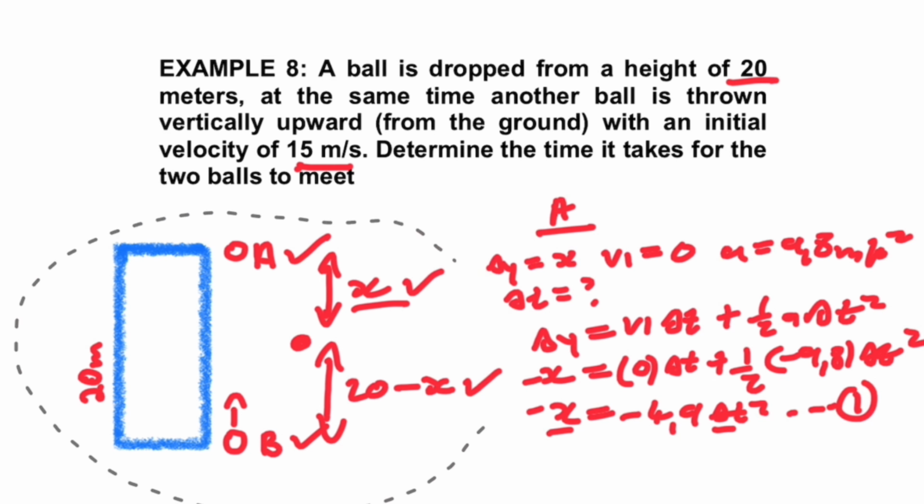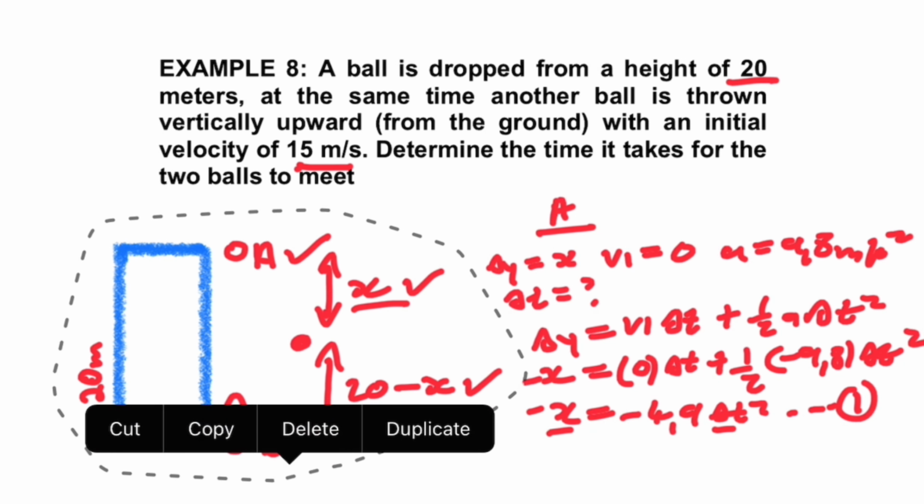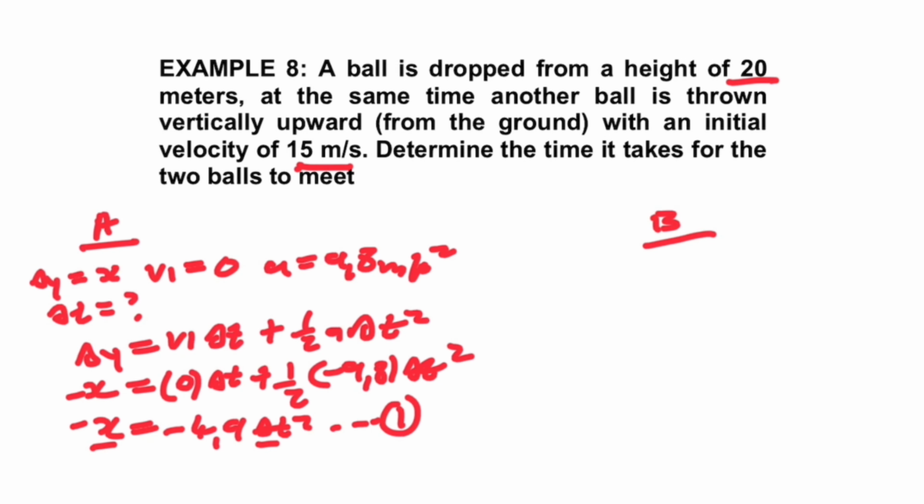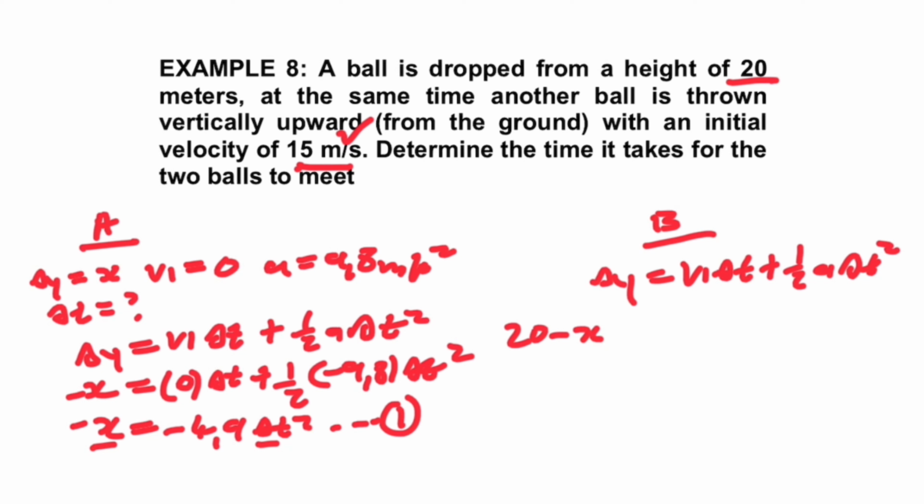For ball B, we're going to have delta y being equal to Vi delta t plus a half acceleration delta t squared. The displacement of ball B, we've already deduced that it should be 20 minus x. So 20 minus x will be equal to its initial velocity, which is 15 meters per second, multiplied by delta t, plus a half.